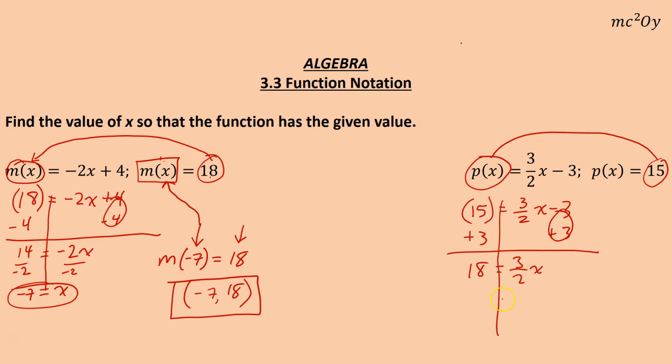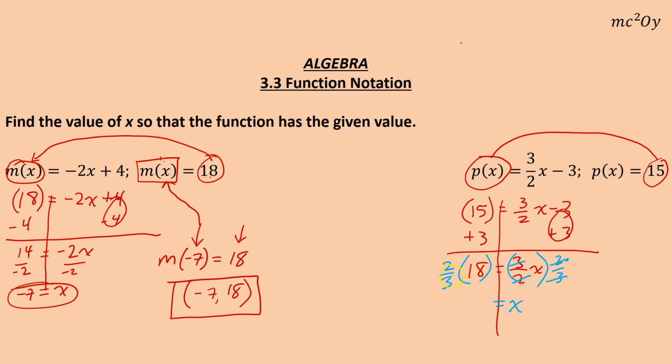And then to get rid of a fraction, it's good to multiply by the reciprocal. So I'm going to switch up colors here. I'm going to multiply this side by the reciprocal. That's where we flip the fraction, so by 2/3. And by doing that, when I multiply both of these by 2/3, that allows me to cancel here, cross cancel.